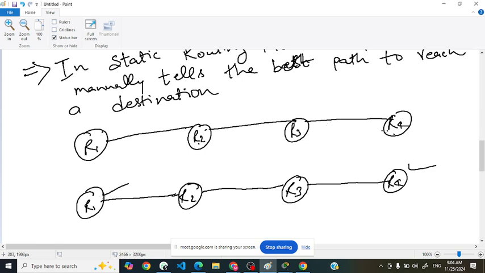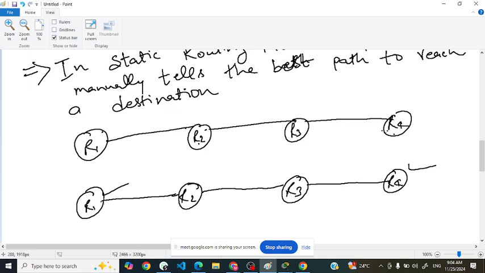But in dynamic routing, the decision making is up to the router only. The router will take the decision automatically. Yes, this is the difference between static routing and dynamic routing.